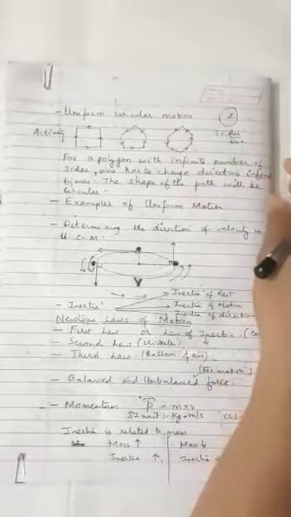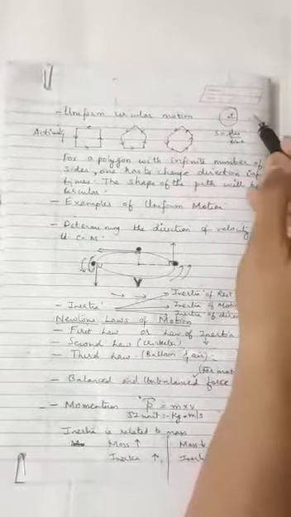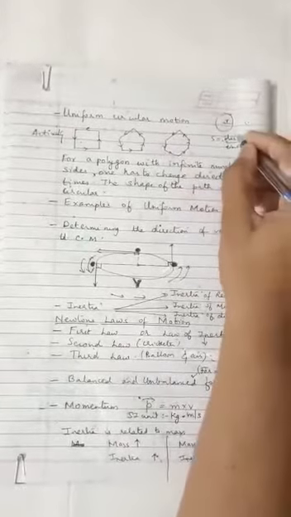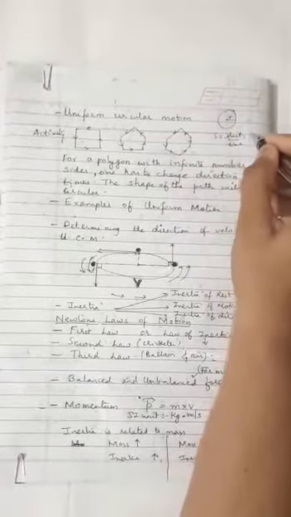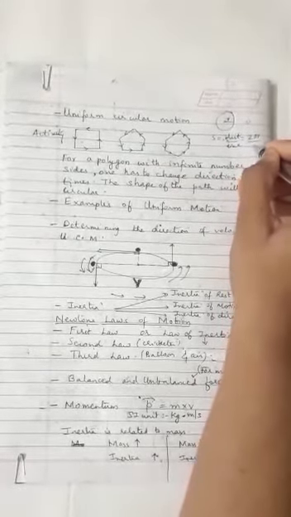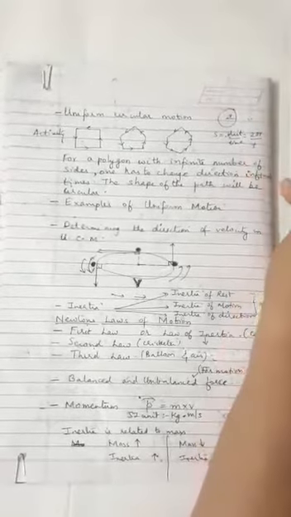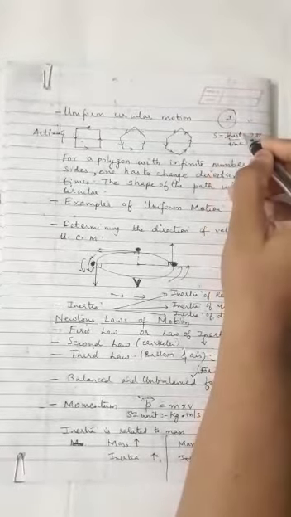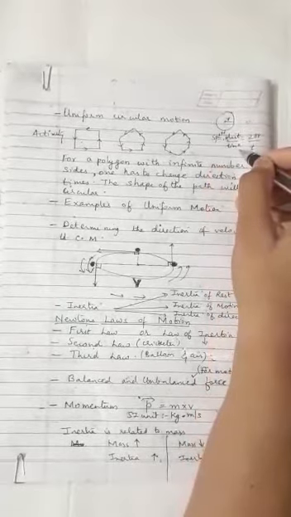Children, when we were learning distance and displacement, there also we had one example like this, correct? So in this case, the distance in circular motion is the circumference of the circle, which is 2 pi r, upon the time taken. Correct children? So speed is equal to distance upon time, as we know.